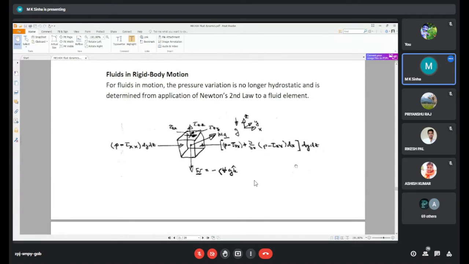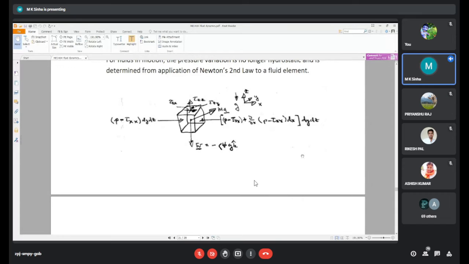On the right side is given P minus tau xx plus del by del x of P minus tau xx dx, and area. Similarly, these are the normal stresses.